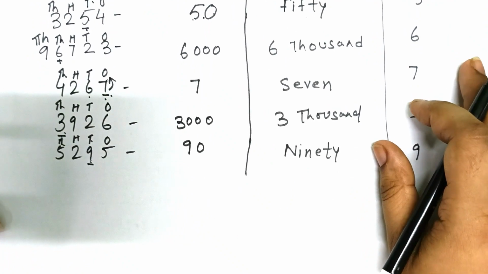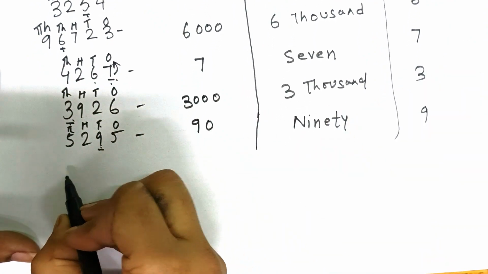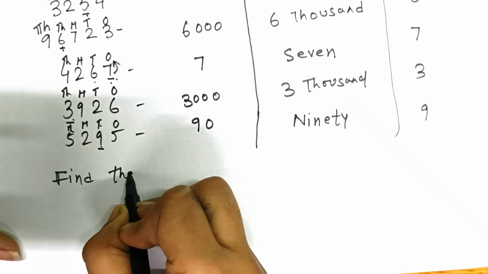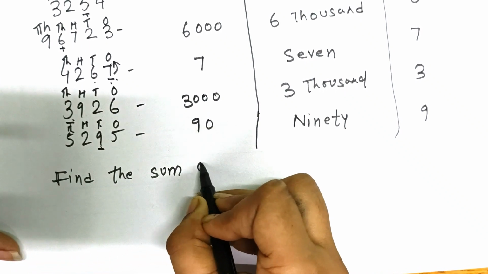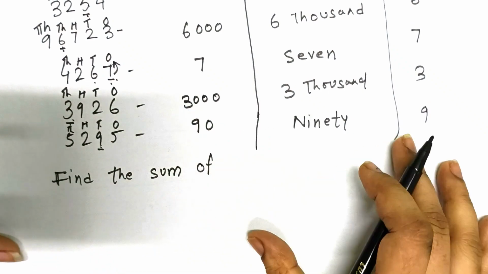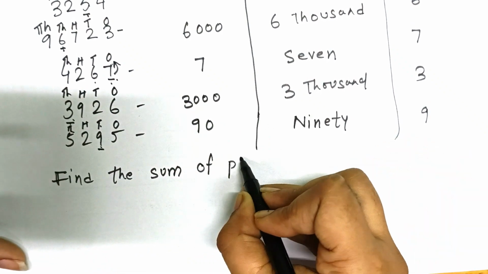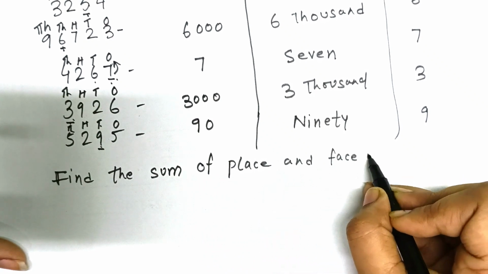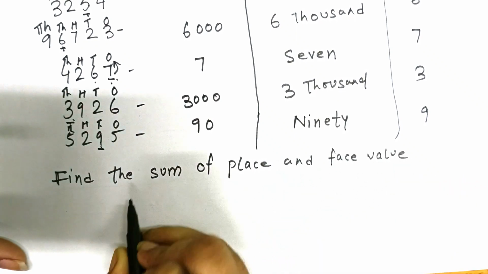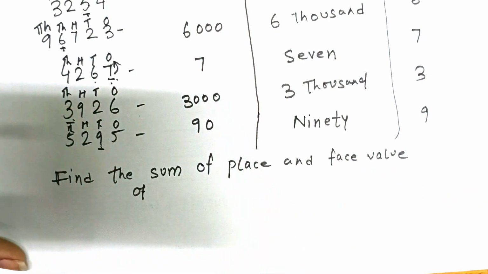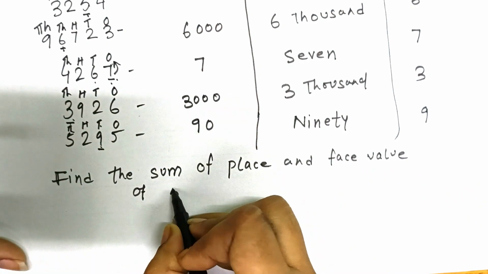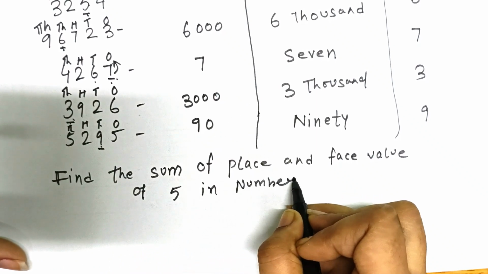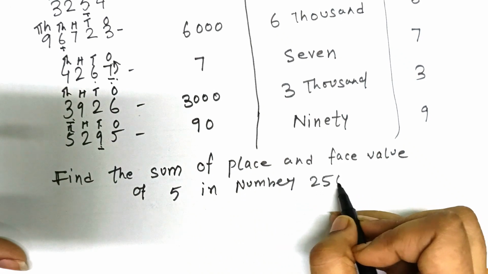Sometimes you will get a question like this: find the sum of the place and face value of 5 in the number 2565.